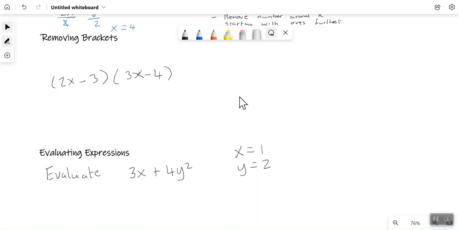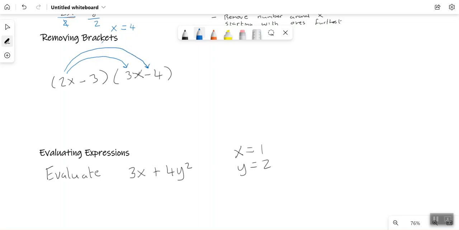So the next thing that you need to be able to do within this section is remove brackets. So if you have a term inside a bracket, multiplied by another term that's inside a bracket, you have to know how to get rid of the brackets and then simplify. So what this means is that you're taking this first term, multiplying it by this, and then also multiplying it by this.